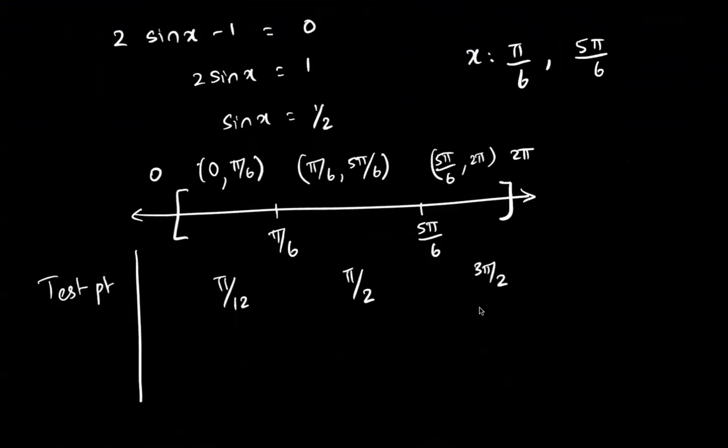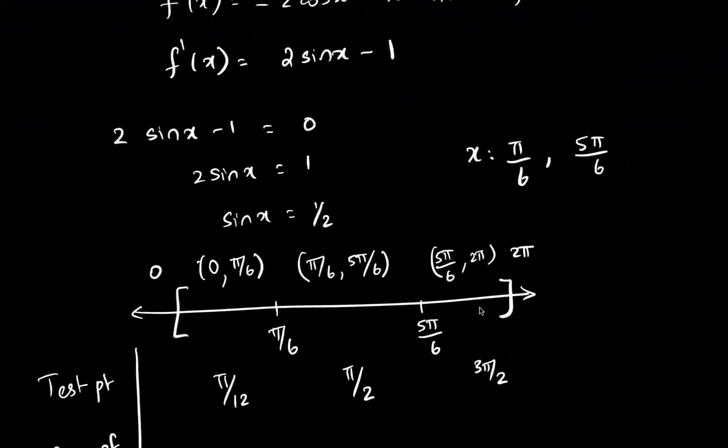Okay. So then I'm going to find the sign of f prime. When I put in pi over 12, 2 times sine pi over 12. You know that sine pi over 6 is 1/2, which means sine pi over 12 is less than 1/2, right?